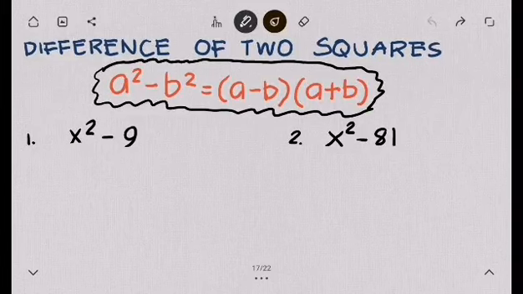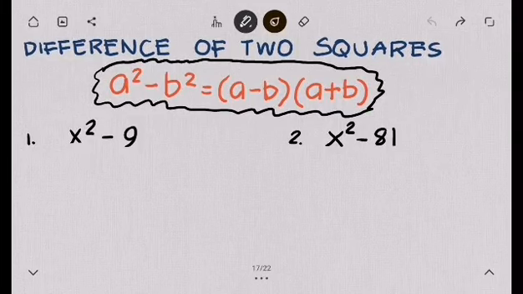So if that's the case, eto yung mga example na pwede nating gamitan ng pattern para mag-factor ng mga difference of two squares, which is a square minus b square equals to the product of a minus b times a plus b. Okay, so i-factor natin yung number 1.